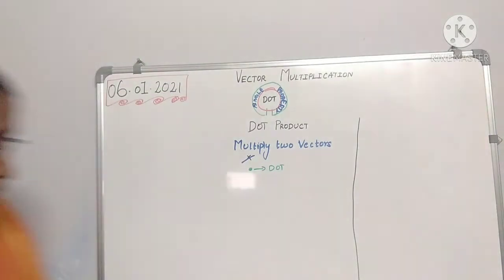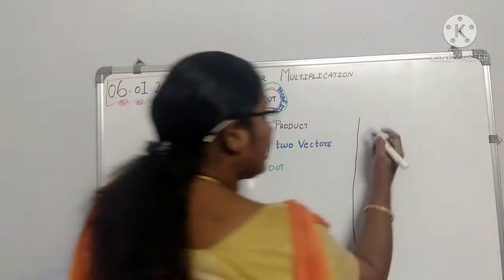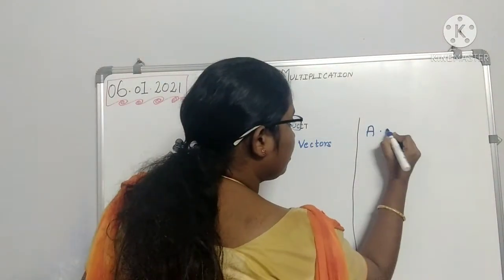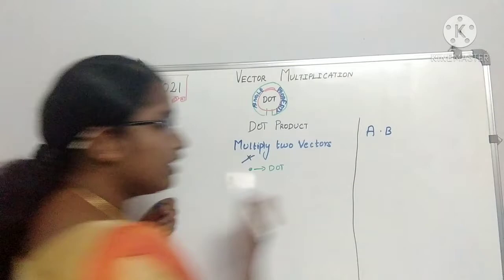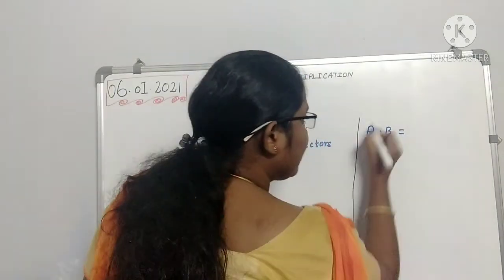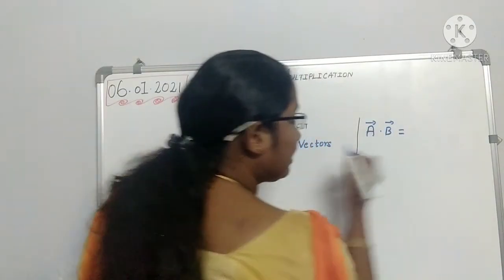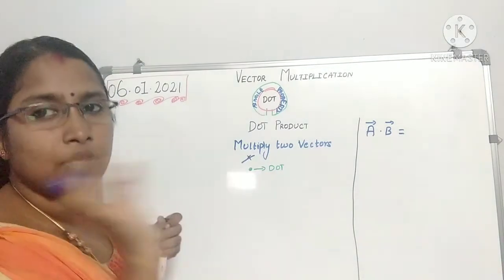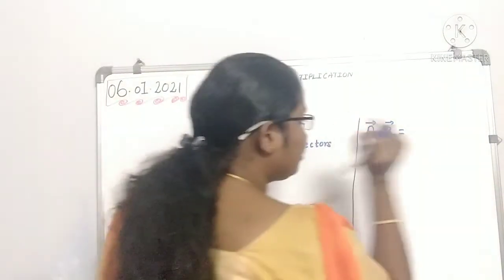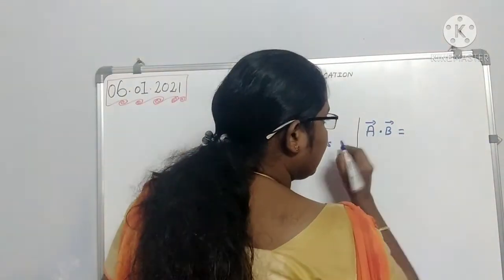So, we can write this as A vector dot B vector. Vector symbol is very important for vectors. Vector notation you should insist.